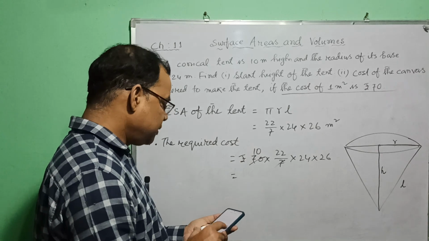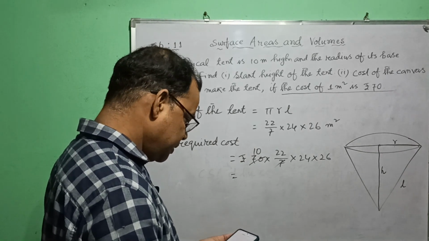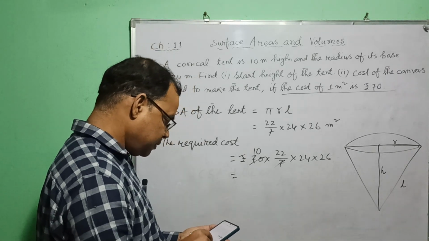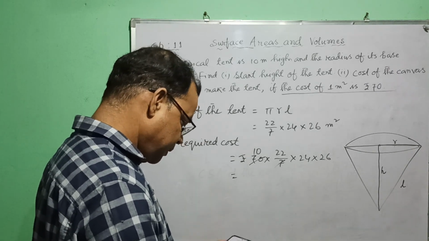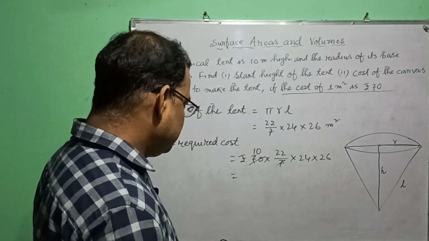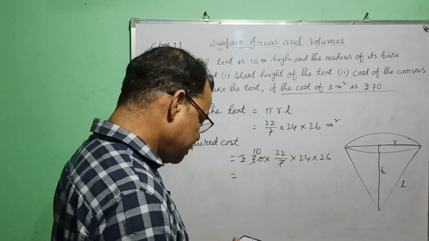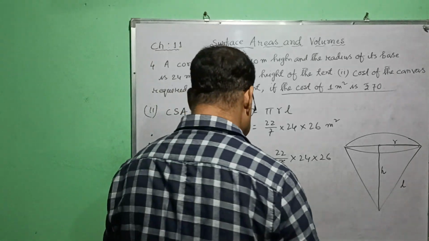It is 24 into 26, which is 624, into 22 equal to 13728.